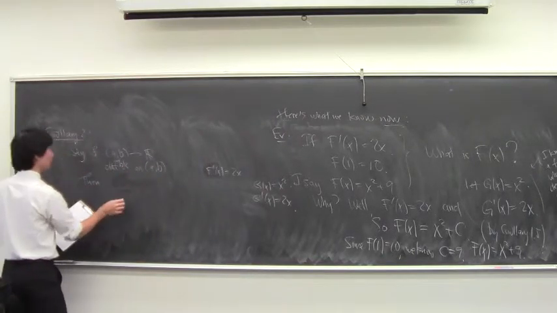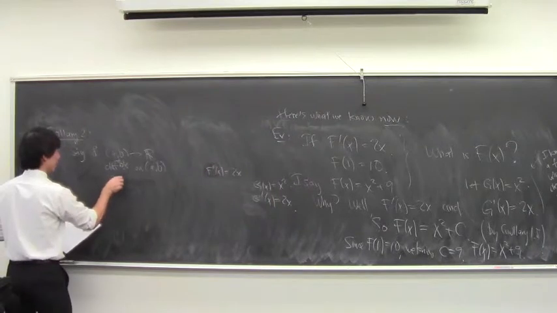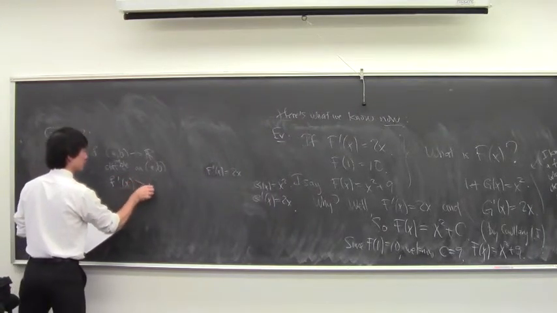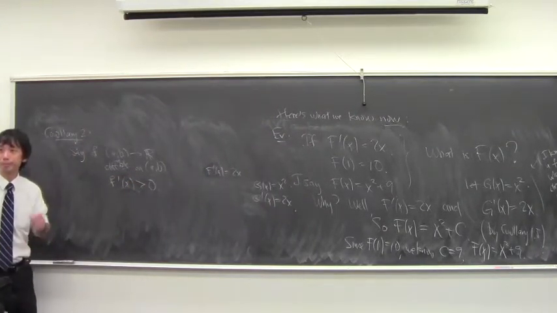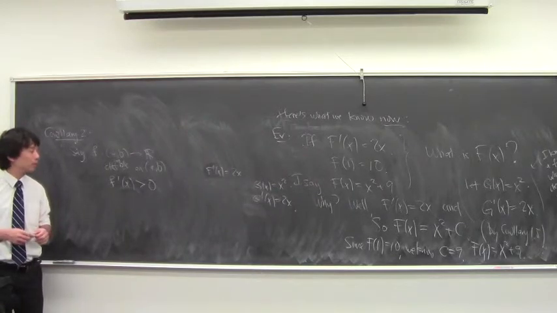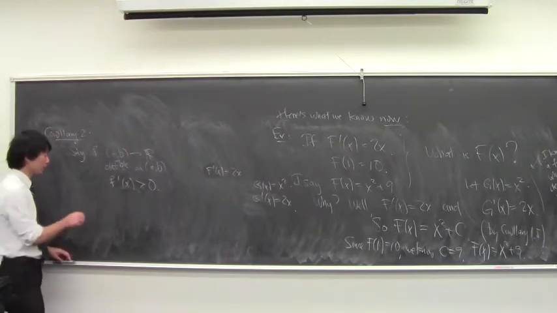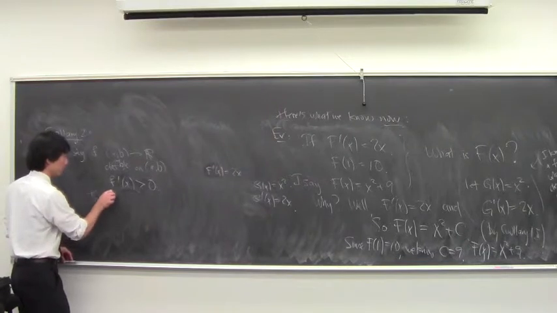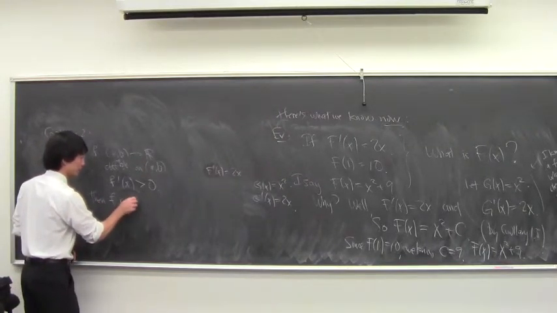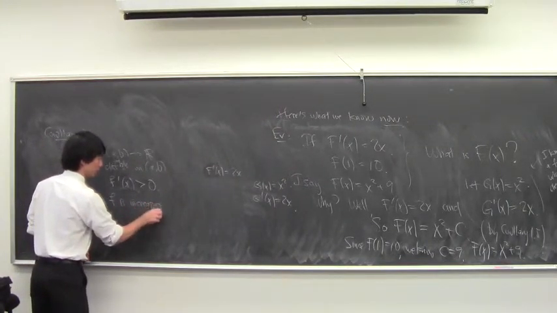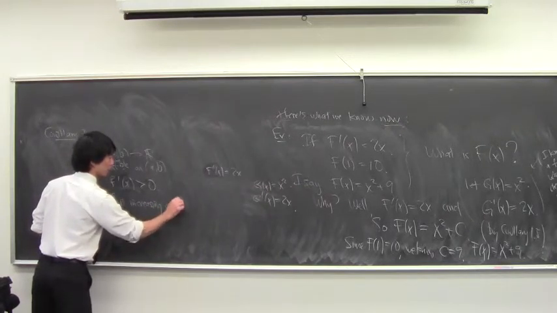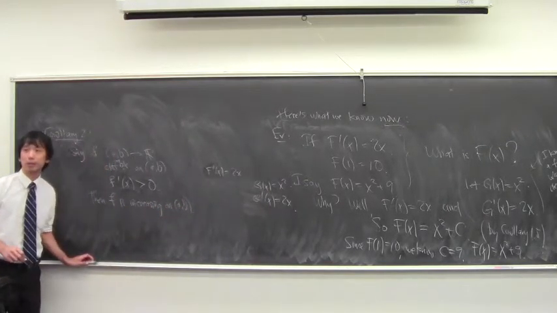No, whoops. Suppose that f prime is always positive. Okay, f prime is always positive. Then f is increasing on AB. Then you've got an increasing function.